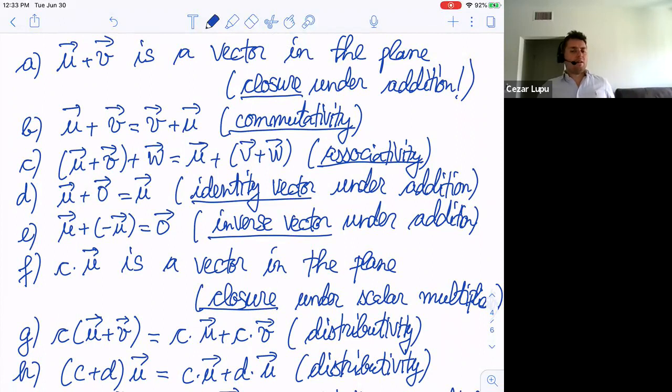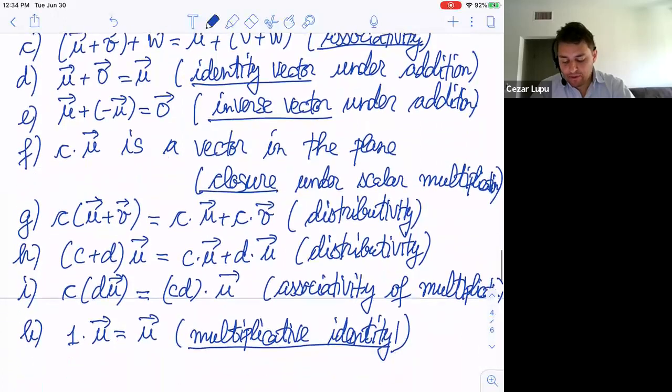Then you have the identity vector under addition, the null vector, and you have the opposite vector, and so on. You can multiply by scalars. So you can do pretty much whatever you want with vectors. Remember, for matrices, try to draw a parallel between the operations with matrices and operations with vectors, and you will see they're kind of the same.